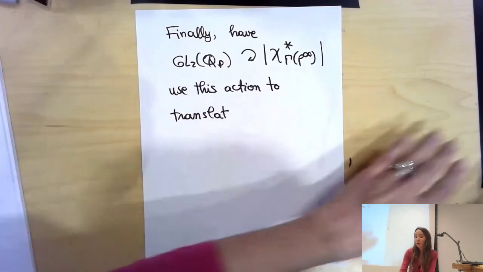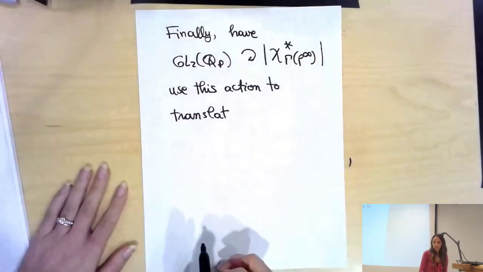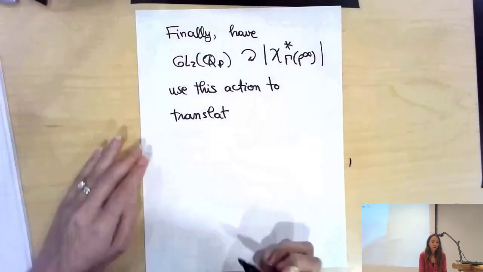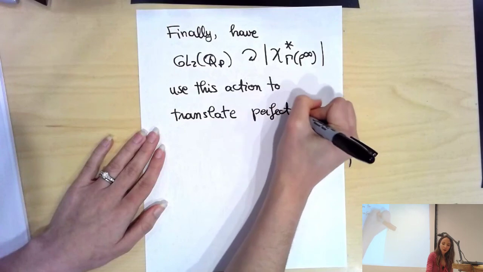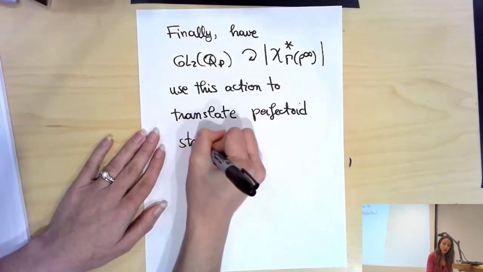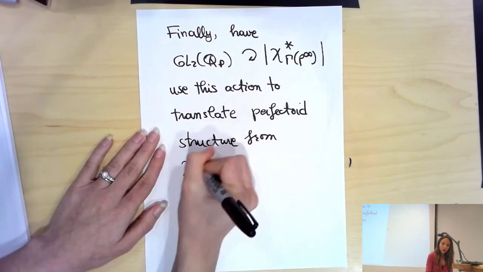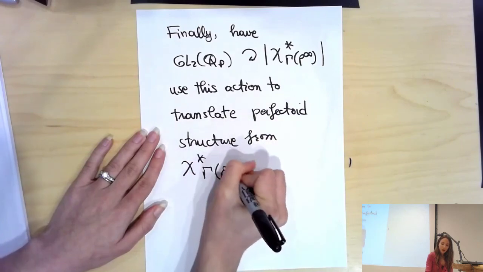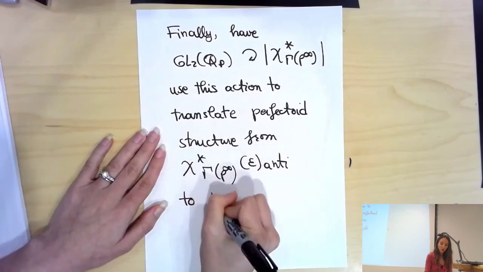If you construct a cover of this space by affinoid perfectoids, then you've shown that it's a perfectoid space, like a cover as a topological space. So you translate the perfectoid structure from X star gamma p infinity epsilon anti to everything, to the whole space.